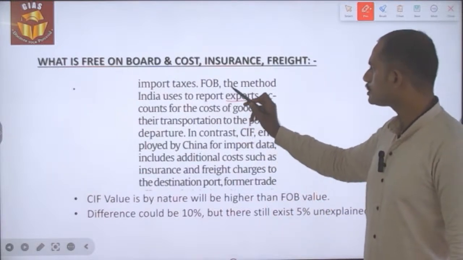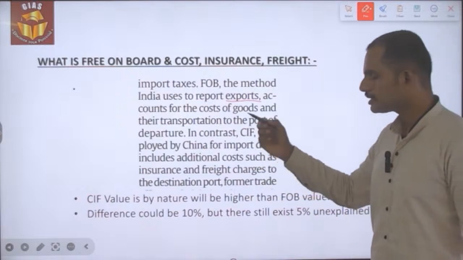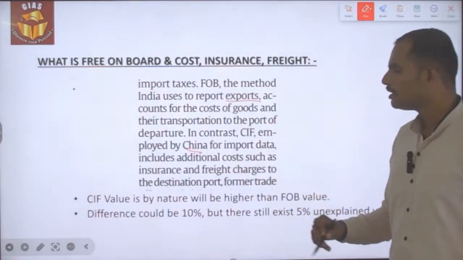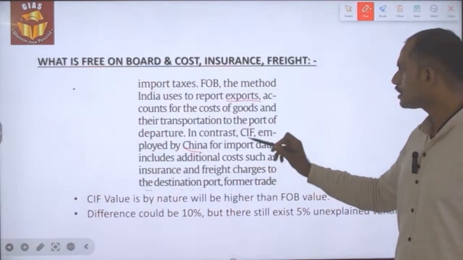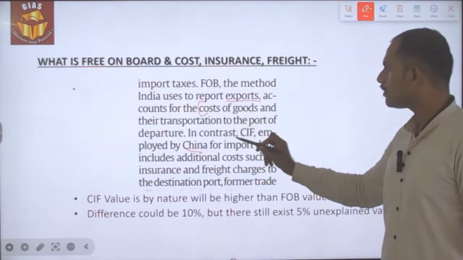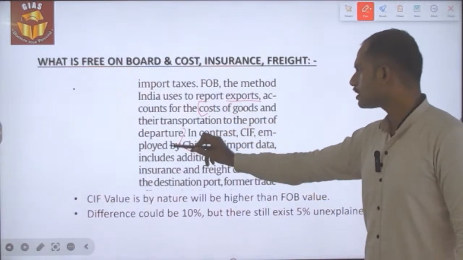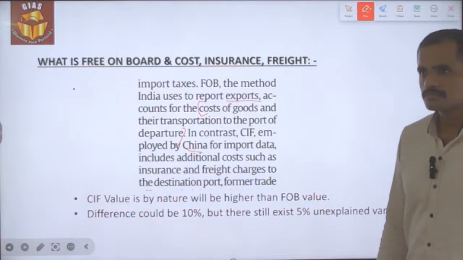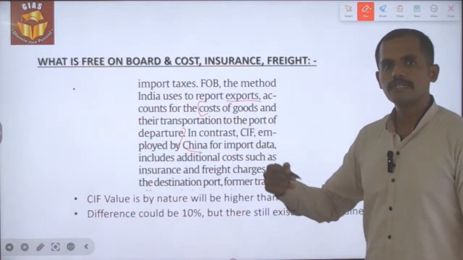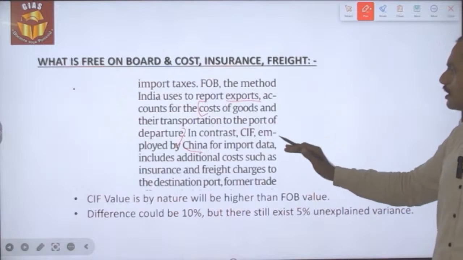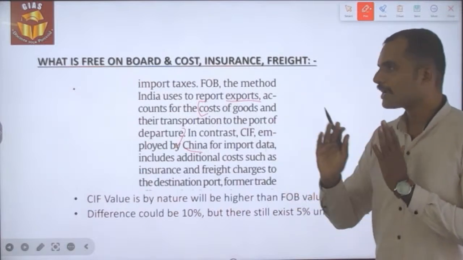Similarly, CIF, that is cost insurance and freight, is the method used by China to calculate its export data. Free on board is nothing but calculating the cost of goods and their transportation to the port of departure.